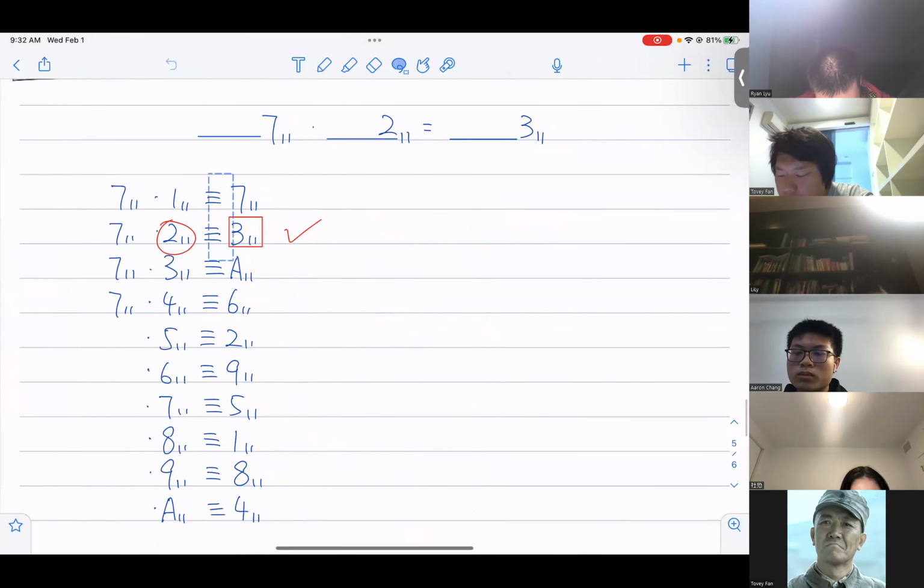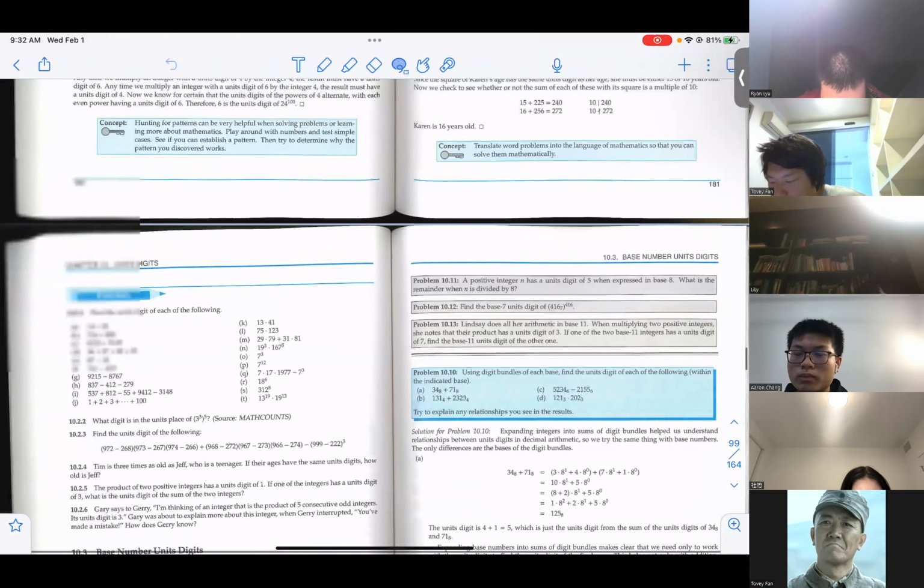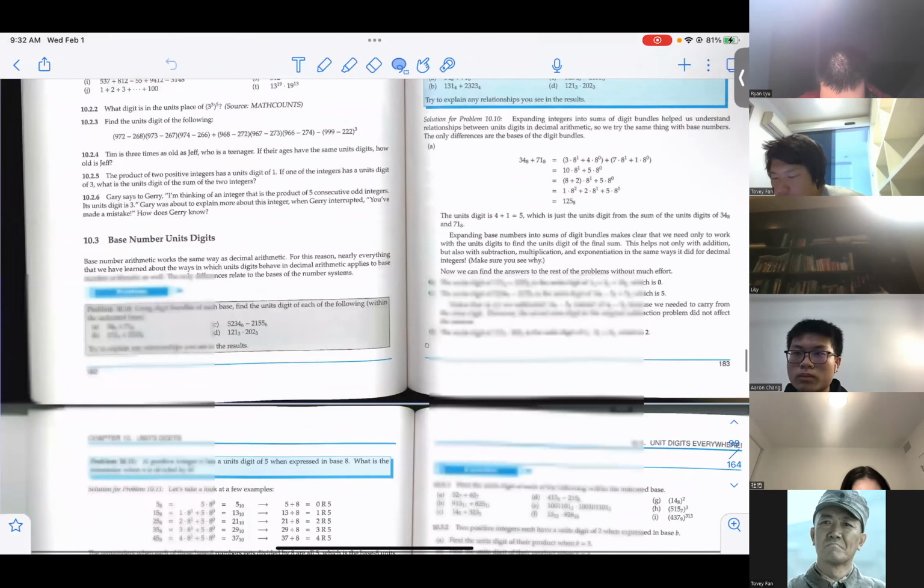Okay, but this notation we haven't fully covered how to use it. We'll get to that. Okay, and we'll see if we can get to that today. Yeah. Okay, so that's it.